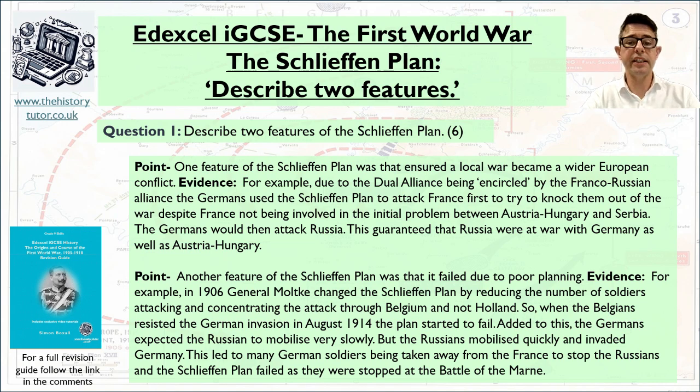So when the Belgians resisted the German invasion in August 1914, the plan started to fail. Added to this, the Germans expected the Russians to mobilise very slowly, but the Russians mobilised quickly and invaded Germany. This led to many German soldiers being taken away from the French invasion to stop the Russians, and the Schlieffen Plan failed as they were stopped at the Battle of Marne. Of course, you could develop that into trench warfare if you so wished.